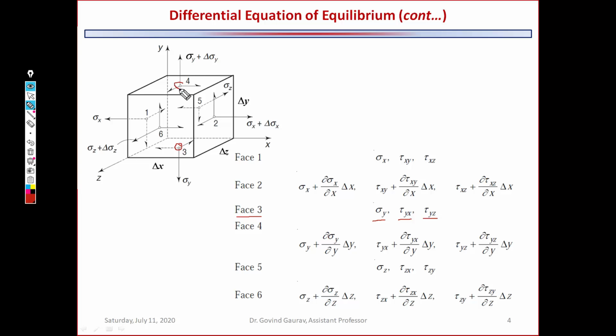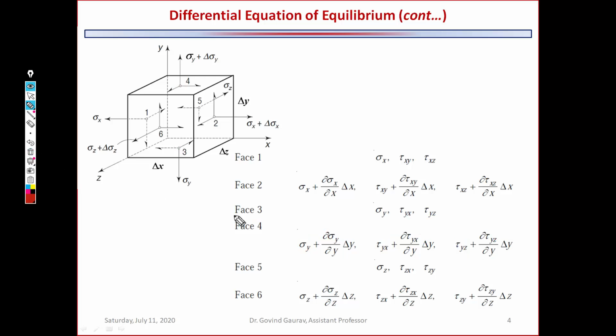Again, for the forces acting on the opposite phase of phase 3, the values of the stresses would be sigma y plus the partial derivative of sigma y with respect to the y coordinate, the shearing stress plus the partial derivative of the shearing stress acting in the y plane in the x direction, and the partial derivative of the stress acting on the y plane in the z direction with respect to the y axis.